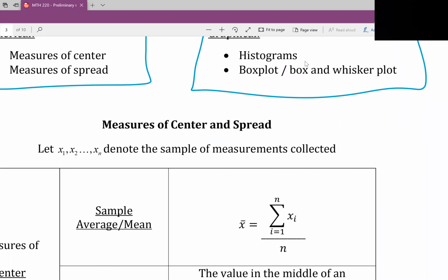This capital sigma here is telling us to sum all of our x values starting at x1, for i up until our sample size. Also, let's note up here before we started this chart, let x1, x2, x3, all the way to xn denote the sample of measurements that were collected.